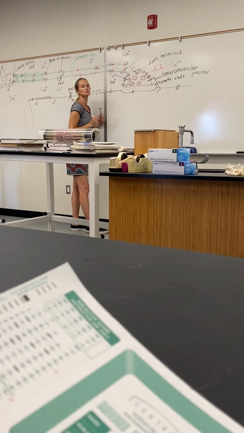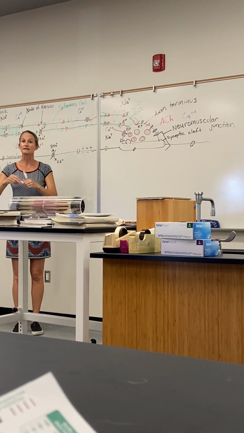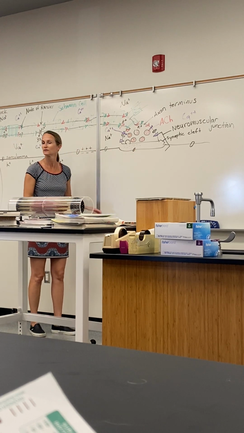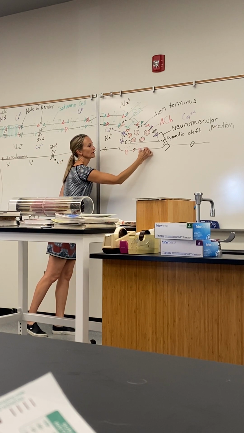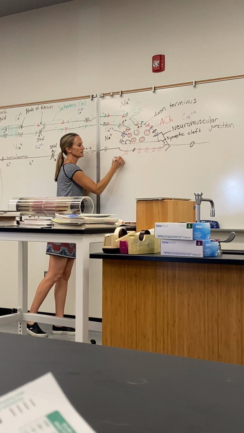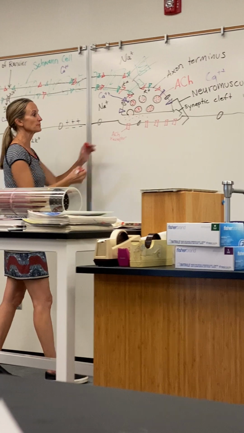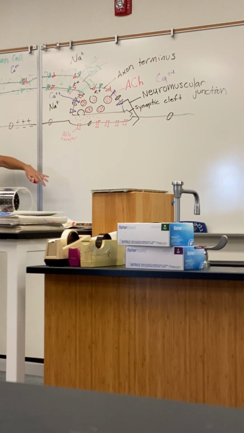Acetylcholine spills into the synaptic cleft, diffuses across through that fluid, and can now be seen by the acetylcholine receptors down here in my myofiber. So this is going to be an ACh receptor. When the receptor finds acetylcholine, that's the trigger for the myofiber to initiate contraction.